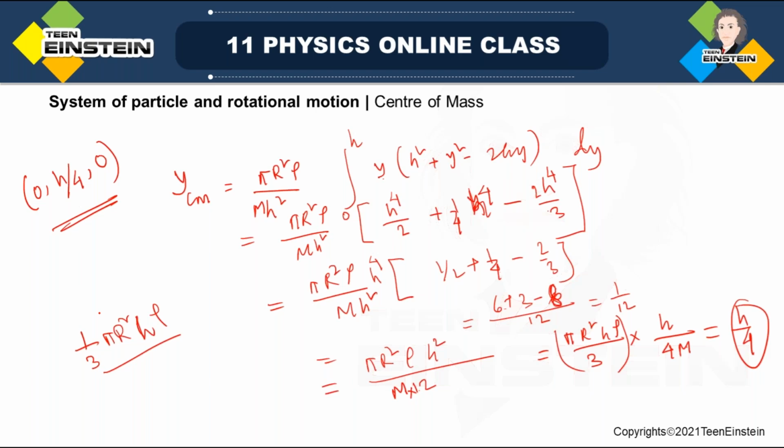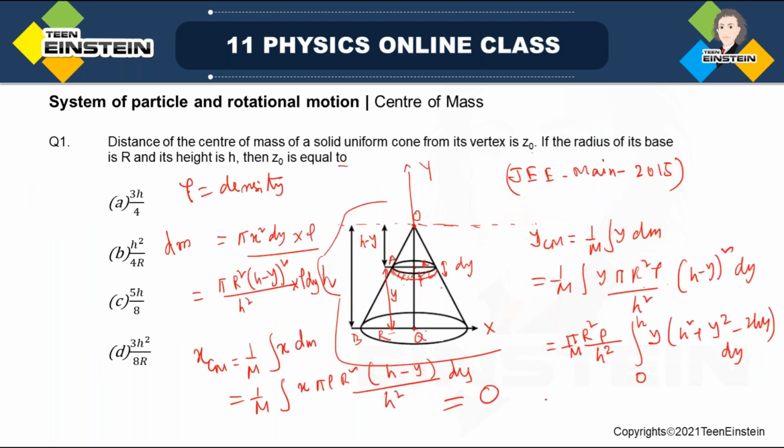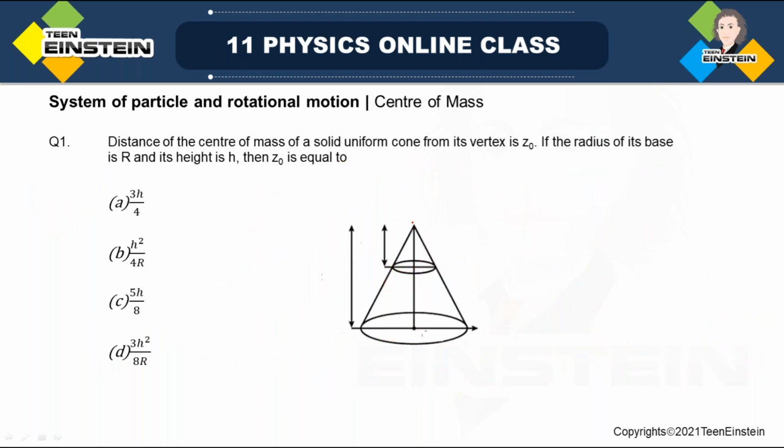So these are the things we have got. Now let me tell you this. From here, z0 is given, suppose this is the center of mass, and from this point we have got y. So what is y? We have got y equal to h by 4, and this height is given as h.